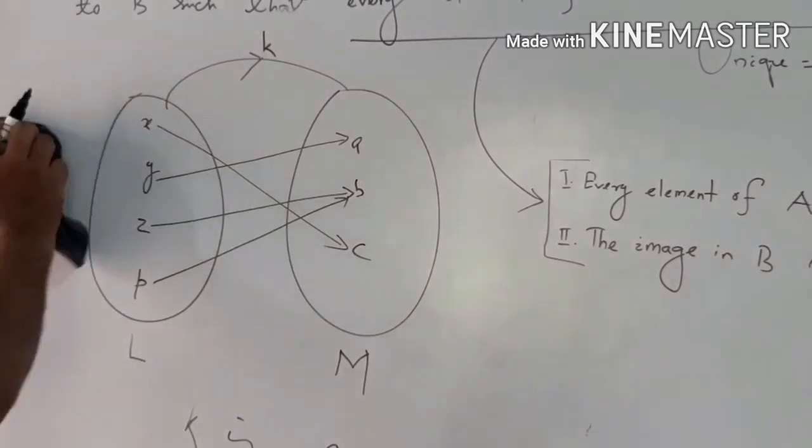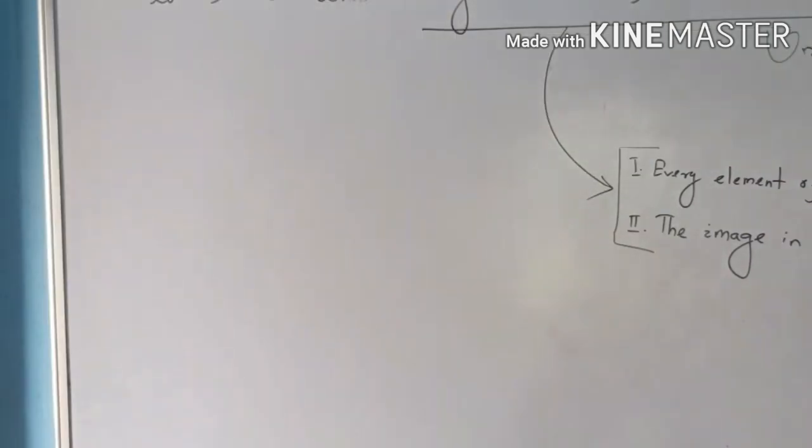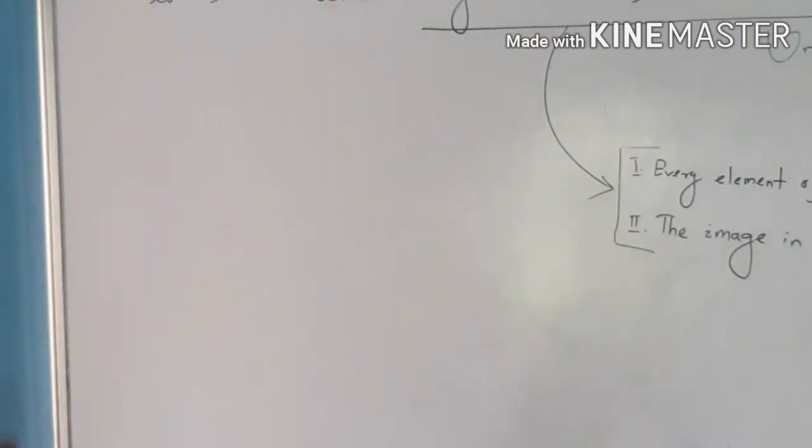Here we have discussed examples where both the sets are finite sets. Whenever the sets are infinite sets, we will define the functions with some rule or some formula. For example, I would like to give you one example here.